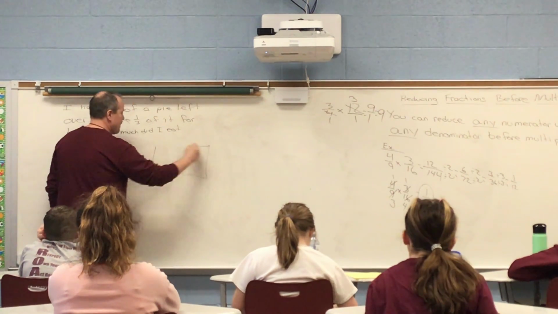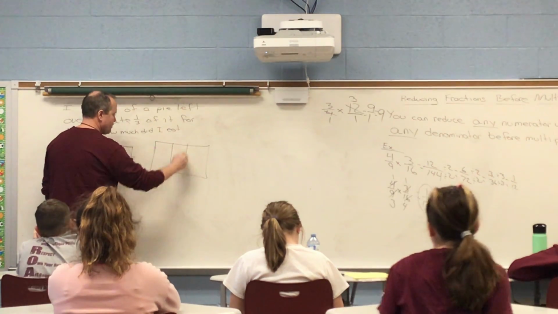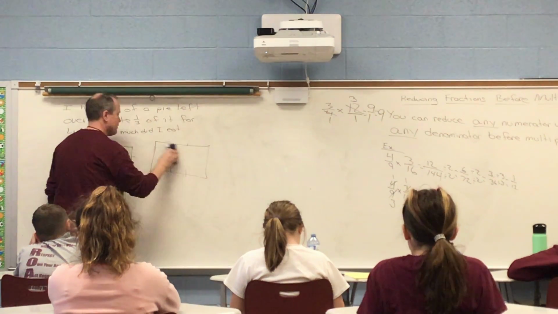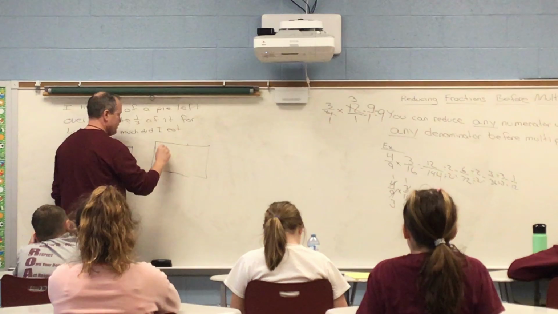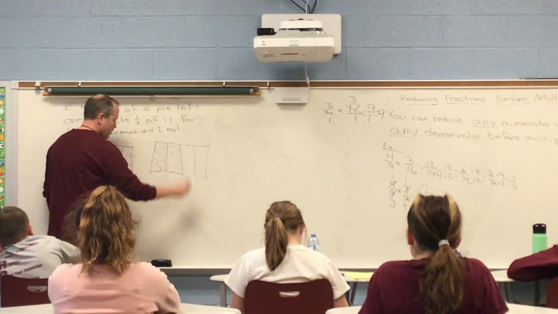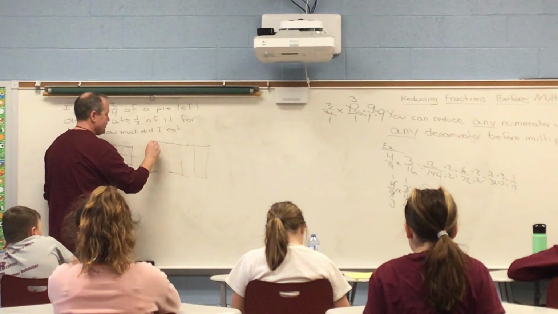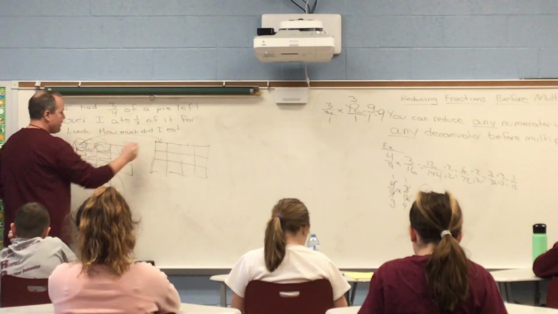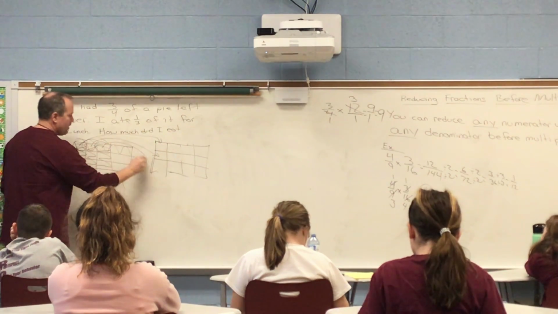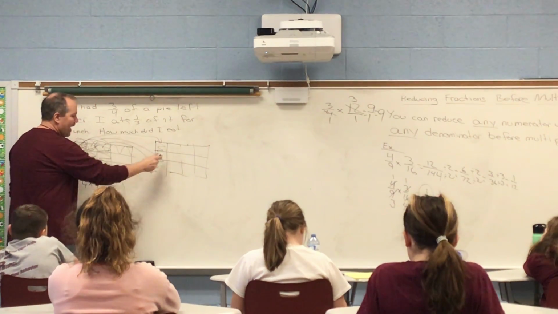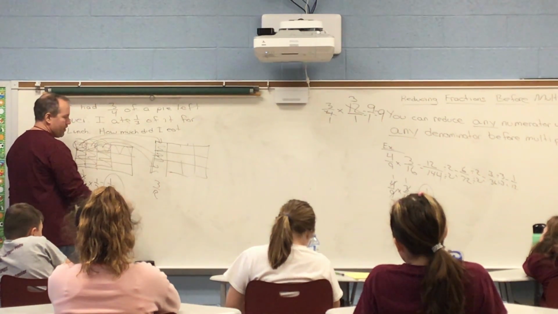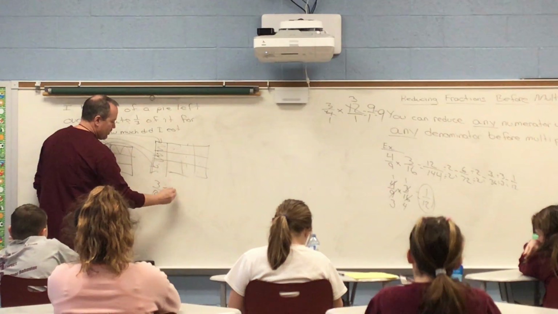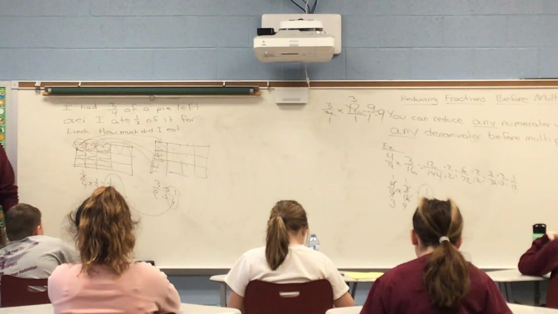If we took the same pie and we broke it, put it in a different pan, I would take this piece, put it there, this piece, put it there, this piece, put it there, and now I have 3 out of 12, right? 1, 2, 3 out of 4, 5, 6, 7, 8, 9, 10, 11, 12. If I divide them both by 3, there is my 1/4 of a pie that I had for lunch.